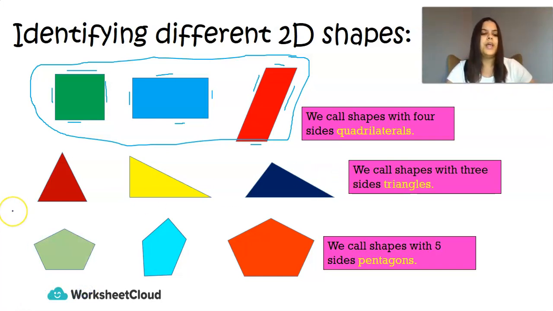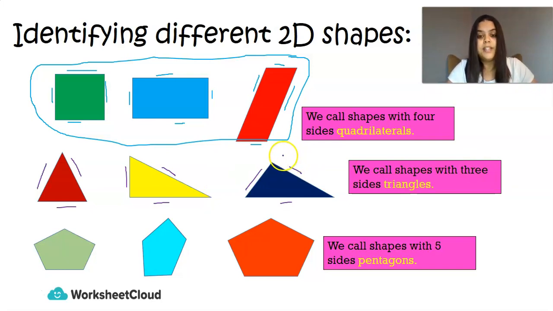Right, so then the second type of shape we're looking at has 3 sides. So let's count them together. 1, 2, 3. 1, 2, 3, and 1, 2, 3. These shapes are called triangles. They have 3 straight sides.